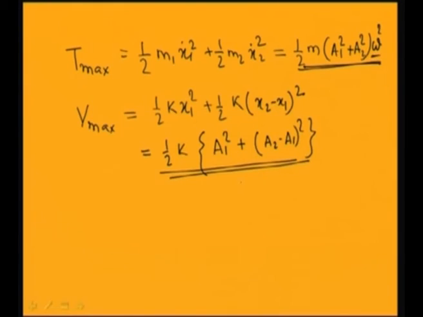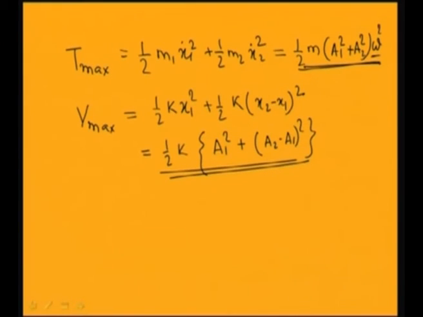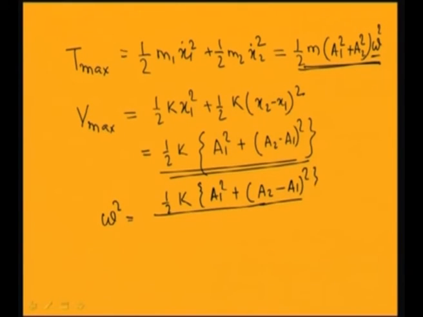Here I am assuming a1 equal to 2 mg by k and a2 equal to 3 mg by k for the first mode, and for the second mode a1 equal to 2 mg by k and for the second mass minus 2 mg by k. So the expression for omega square will be equal to half k times a1 square plus a2 minus a1 square, divided by half m times a1 square plus a2 square.